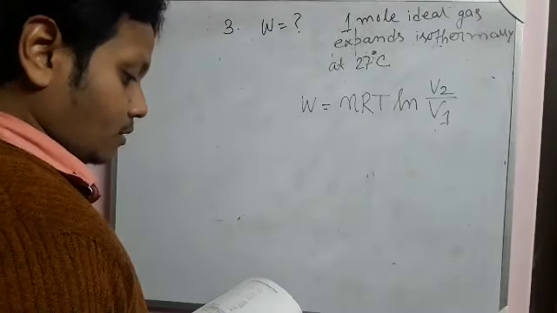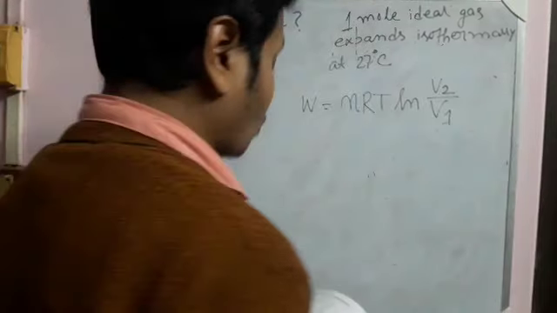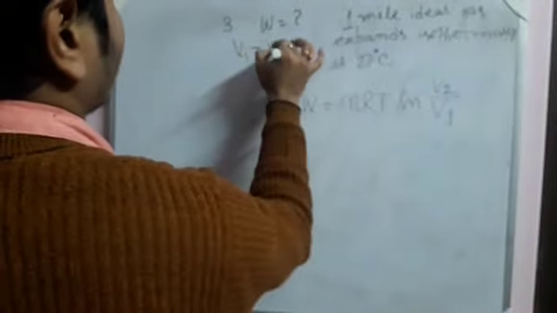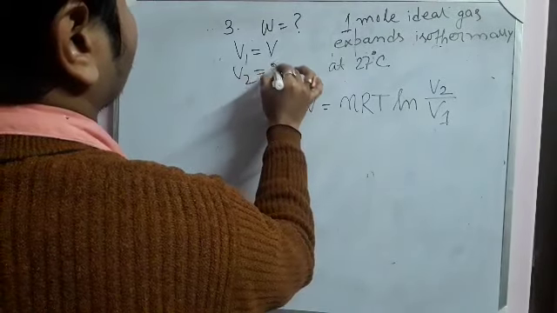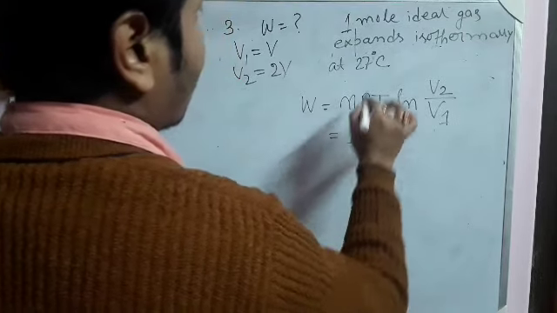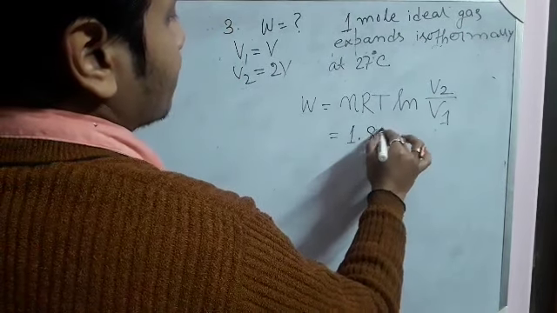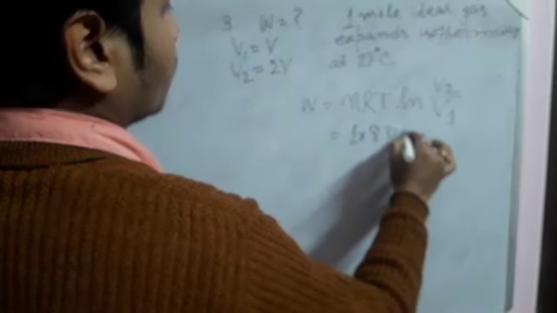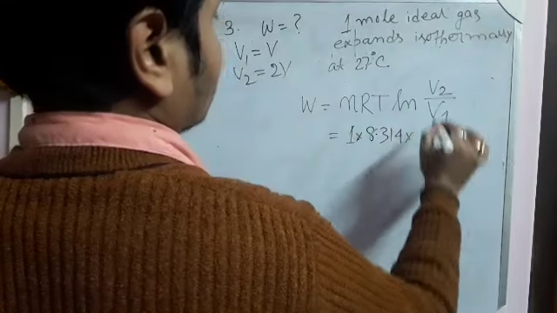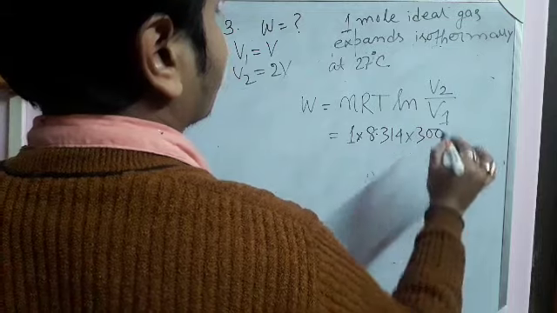It expands isothermally to double its volume. That means if V1 is V, we take V2 equals 2V. n is given, 1 mole. R you take in SI unit, that is 8.314 joule per mole Kelvin. T is 27 degrees Celsius, 300 Kelvin.